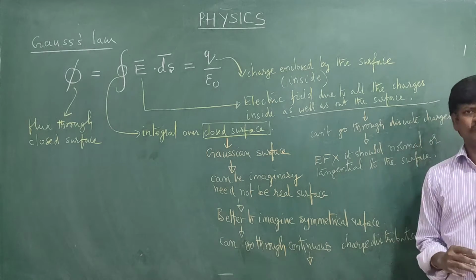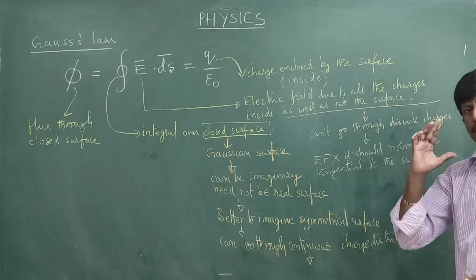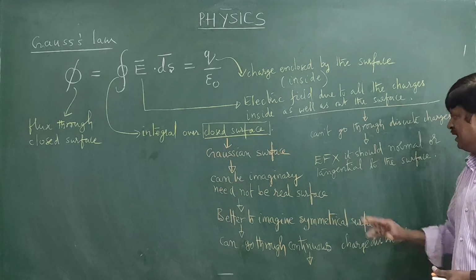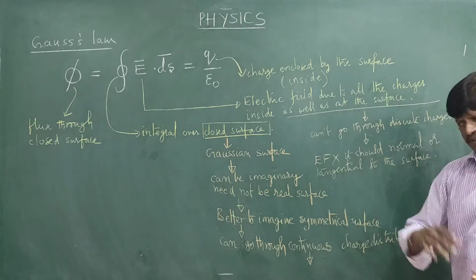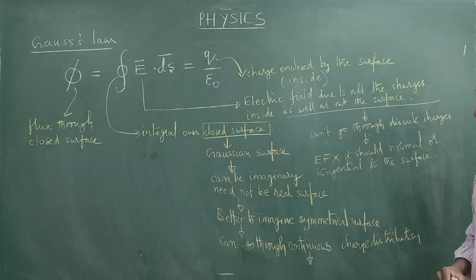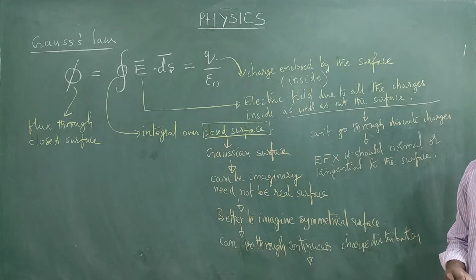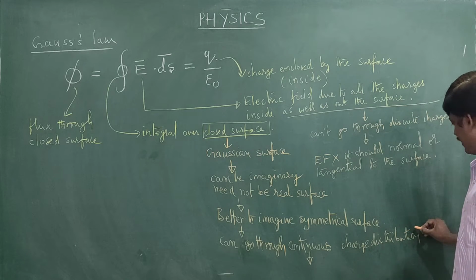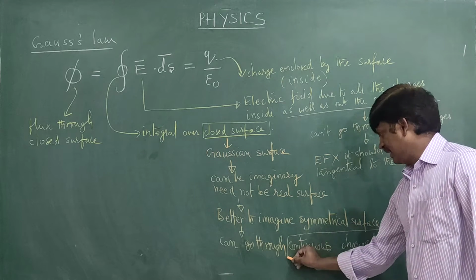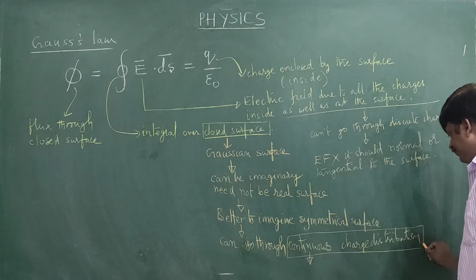So it's always better to take a surface where the electric field is normal to the surface or tangential to the surface. Is that clear?